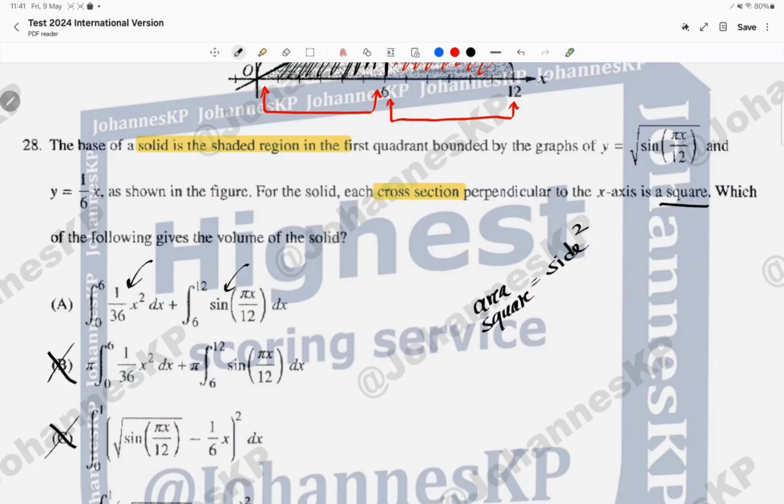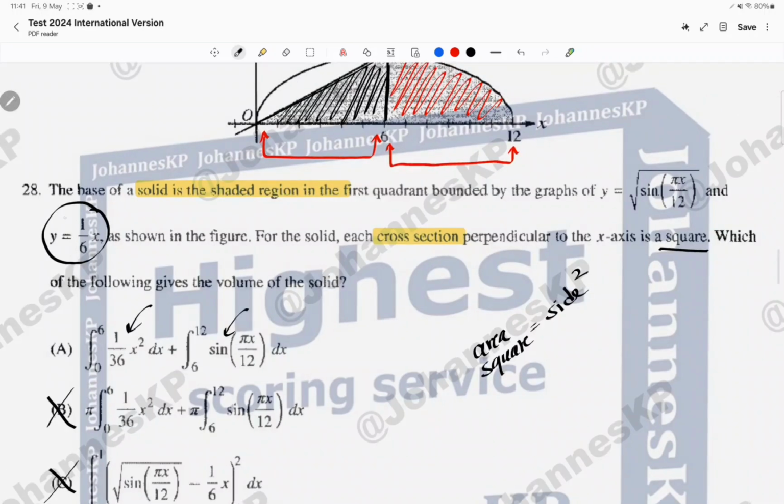Side squared. So this is one side. When you square it, 1 over 36 x squared. That's a different side. When you square it, sine pi x over 12. And that's how you get those things. So it's choice A.